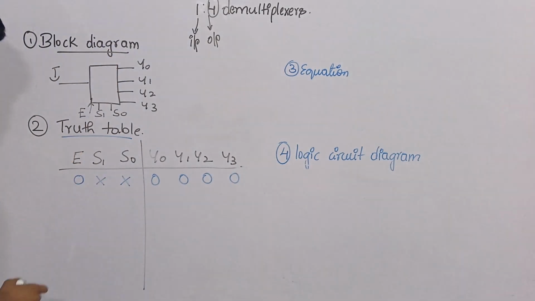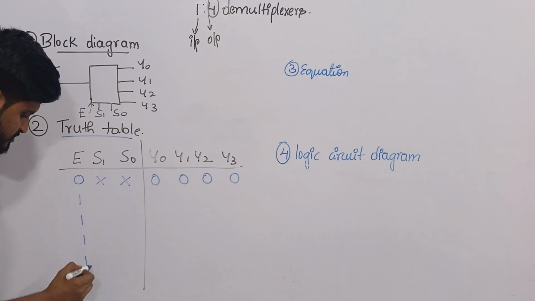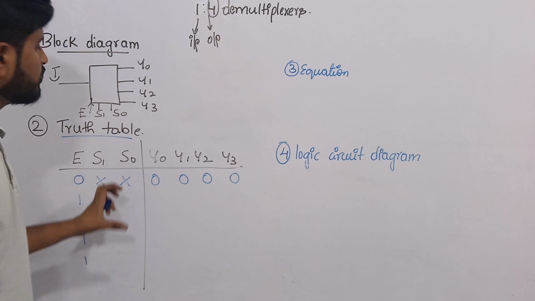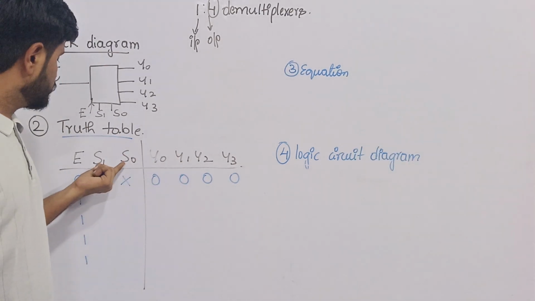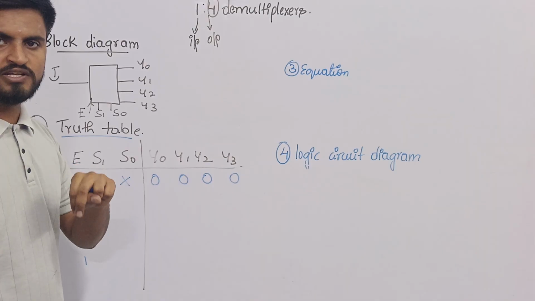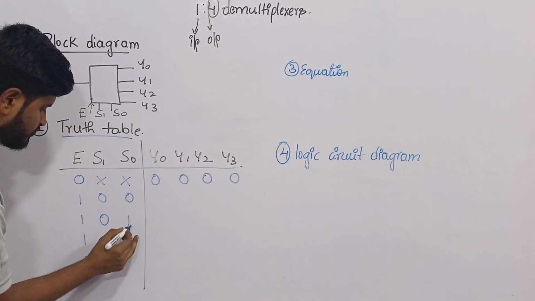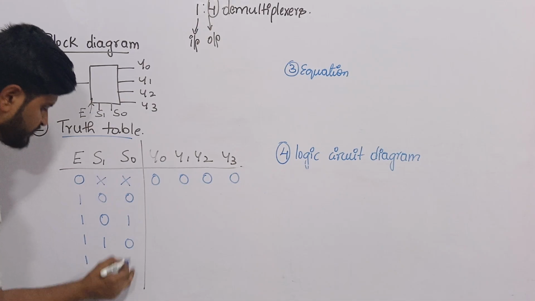But when enable value is equal to 1, only 2 inputs are left, because enable will always be in the on state if you want to get the output. So 2 inputs are selected. 2 inputs means 4 combinations: 0 0, 0 1, 1 0 and 1 1.